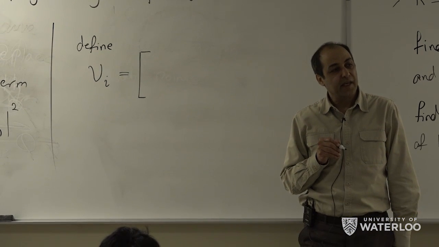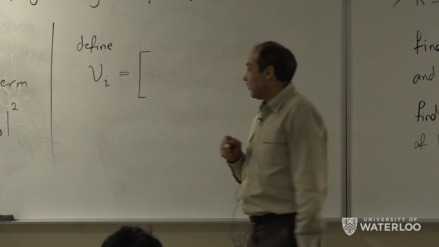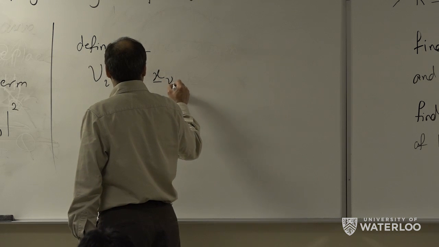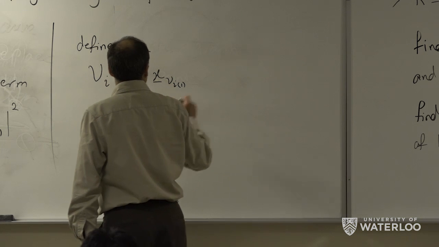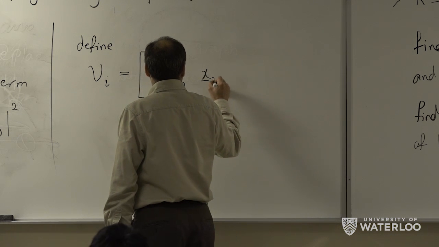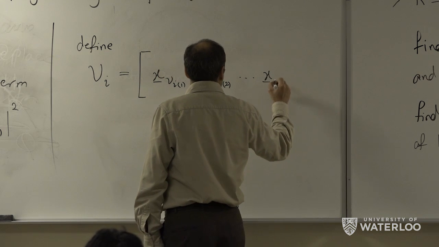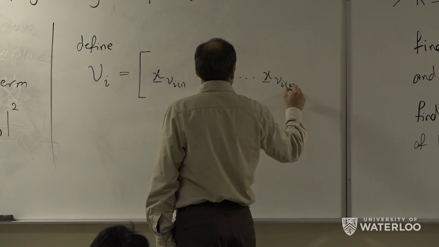Point i has k neighbors. I will just put the first neighbor at the first column, second neighbor at the second column, and I have k neighbors.